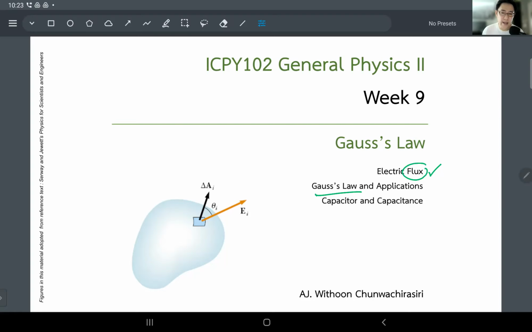So that's why I just want to spend a lot of time talking about flux, because once you understand what the flux is, Gauss's law is just, well, it seems like they just utilize that concept and it's just like a straightforward plug and play. If you know what is flux and you just apply flux to electric charges and you just slap the name on, it's called Gauss's law.